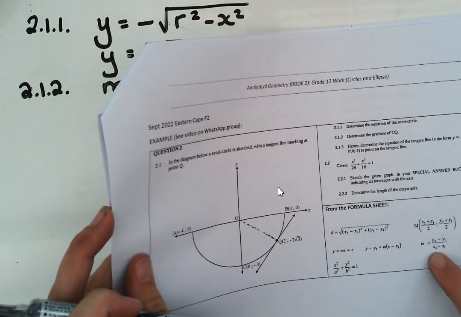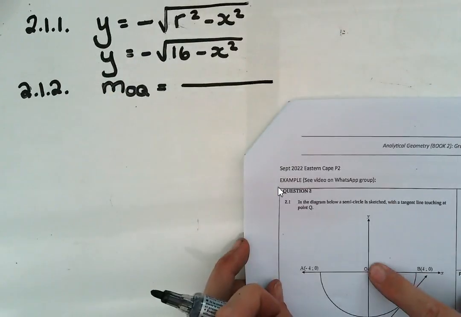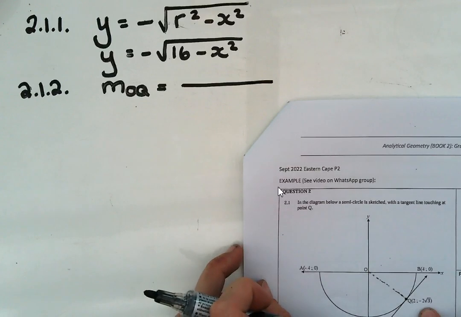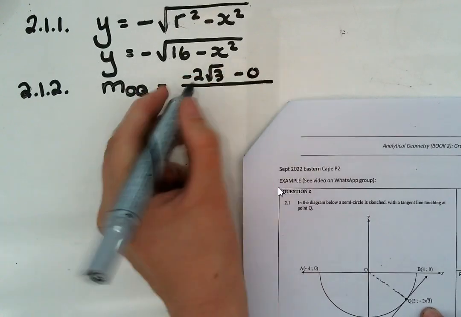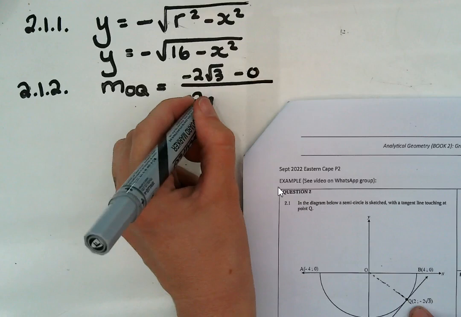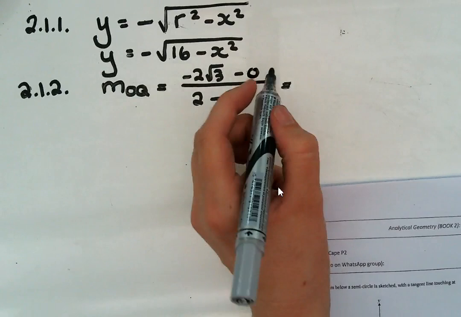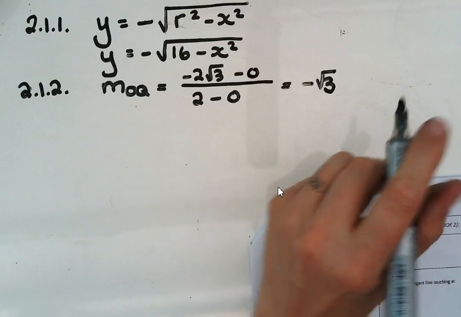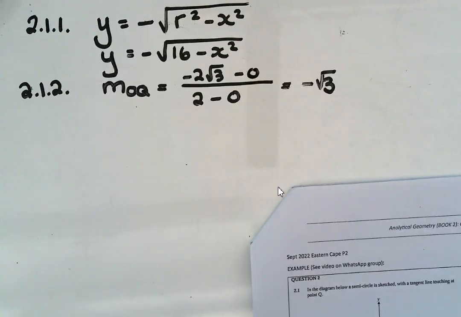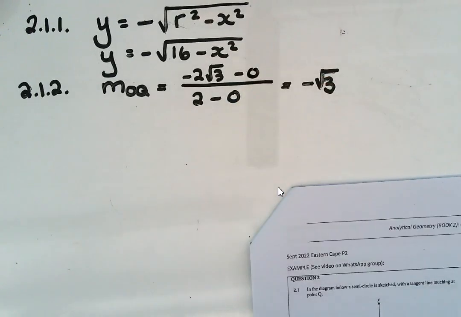There is the gradient formula, difference in y over difference in x, using the points O and Q, and O is the point (0, 0). So difference in y, it's negative 2 root 3 minus 0, over difference in x, 2 minus 0. You can type this into the calculator, and that should give you negative root 3. Negative root 3 is the gradient of OQ.